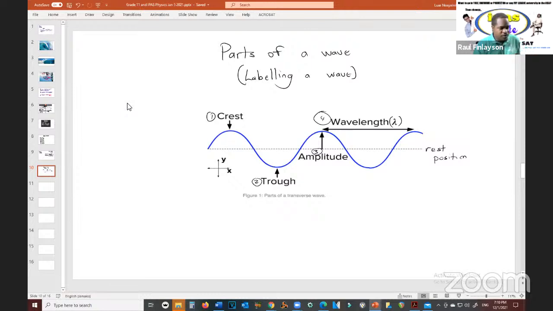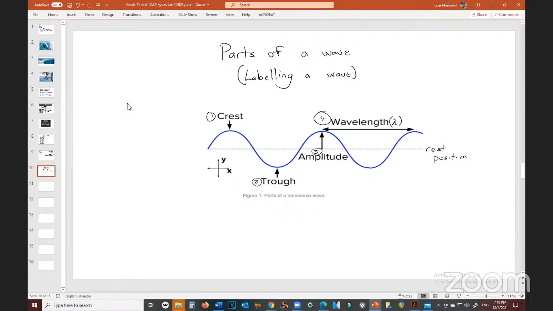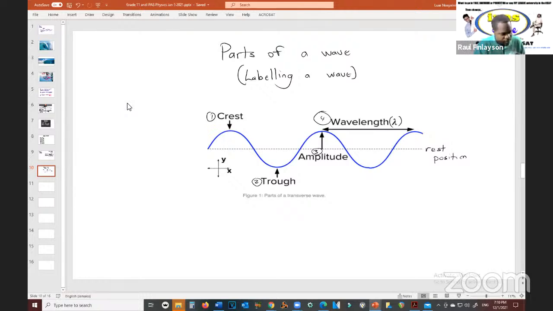So the crest, based on what you're seeing there, how would you describe it on the diagram?